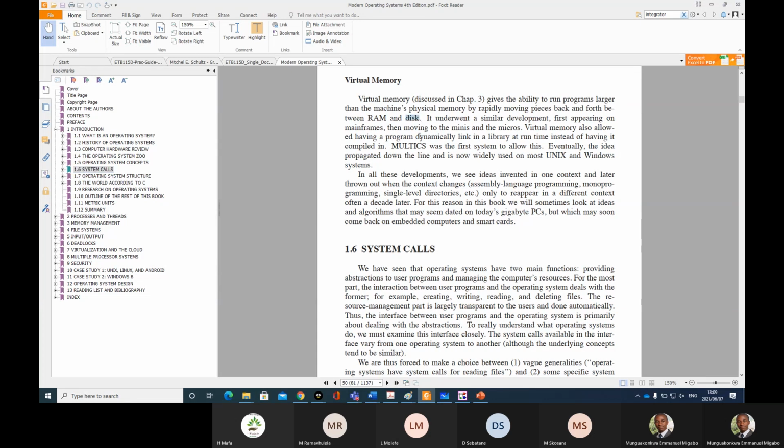RAM is just a temporary memory storage through which data transits as it's being manipulated, but eventually it ends up being stored on the disk. So if you can find the mechanism to rapidly move part of the data back and forth between RAM and disk, rapidly meaning quite fast, then you will have created some form of extra memory, because you would have extended the memory on disk through RAM.